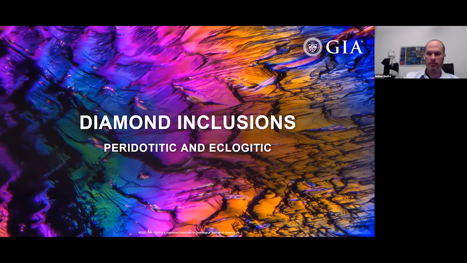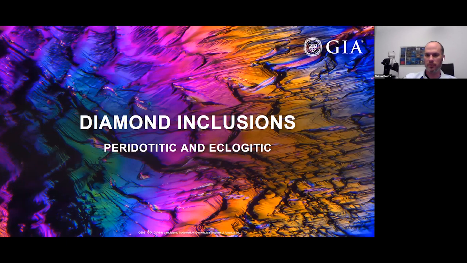On to some diamond inclusions. Diamond inclusions are interesting, and the formation conditions for diamonds can basically be split into two broad groups. You can't really pin down the geographic origin of diamonds because they form deep in the earth, but you have two main formation conditions for diamonds, and that's peridotite, which is down in the mantle.